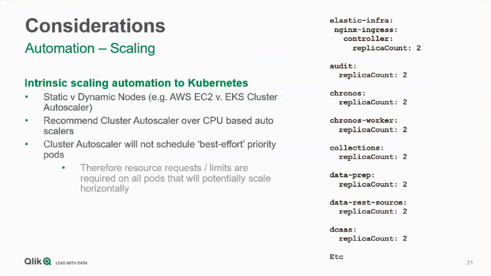So by default, Qlik Sense Enterprise on Kubernetes sets all of the pods to be best effort. Thus it will require testing and confirmation to make sure that the pods that are key to your business's strategies are beyond best effort and have resource requests and limits that are associated with not being a best effort priority pod.